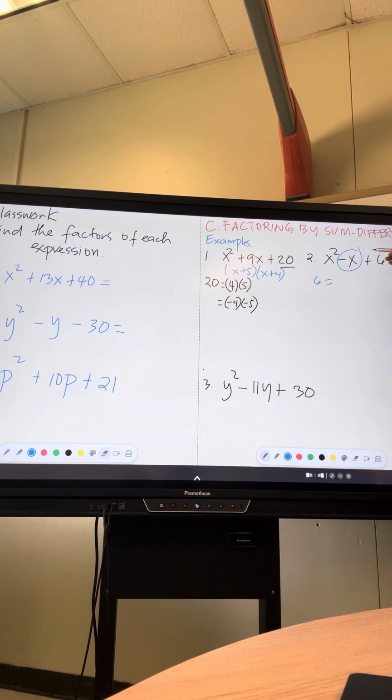Since the last term is positive 6 and the middle term is a negative x, this kind of quadratic expression cannot be factored by factoring. You can use either completing the square or the quadratic formula.